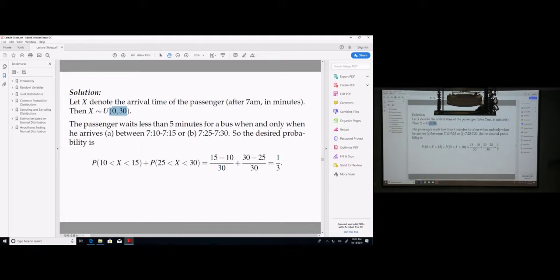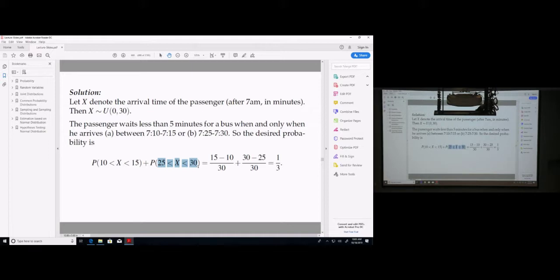And another thing about the uniform distribution is that the probability of an interval like 25 to 30 depends only on the length of this interval, all right? So it only depends on the length here, which is 5. It doesn't depend on where you start, whether you start from 10 to 15 or you are starting from 25 to end at 30. It is because it's uniform.